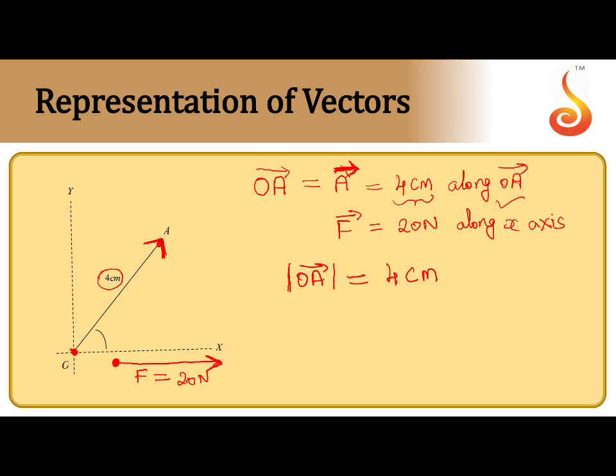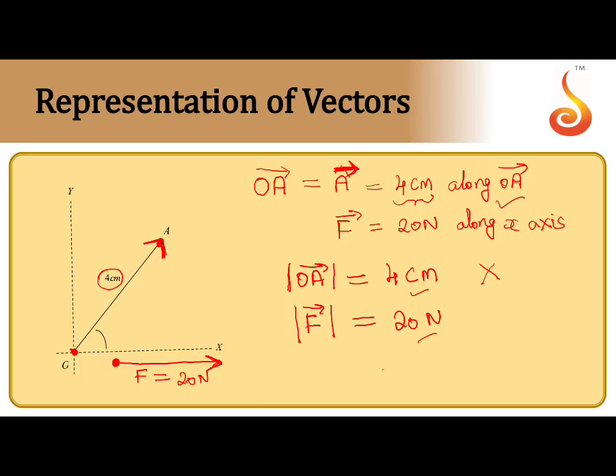When I write like this, I will not represent the direction. Same way, for the force vector, when I write the magnitude or the modulus symbol, I will just write 20 Newton. I need not represent the direction. OA vector and F vector are written in only the magnitude, no need to represent the direction.